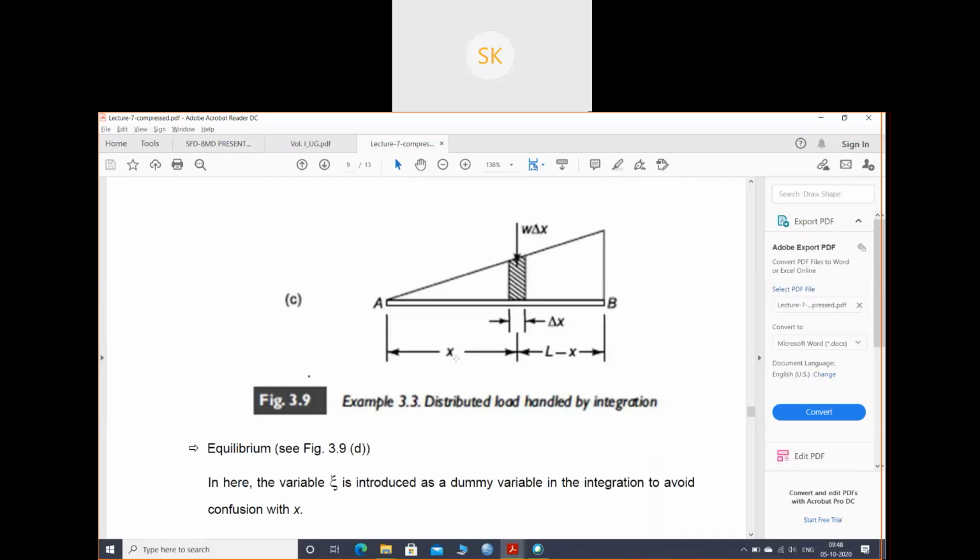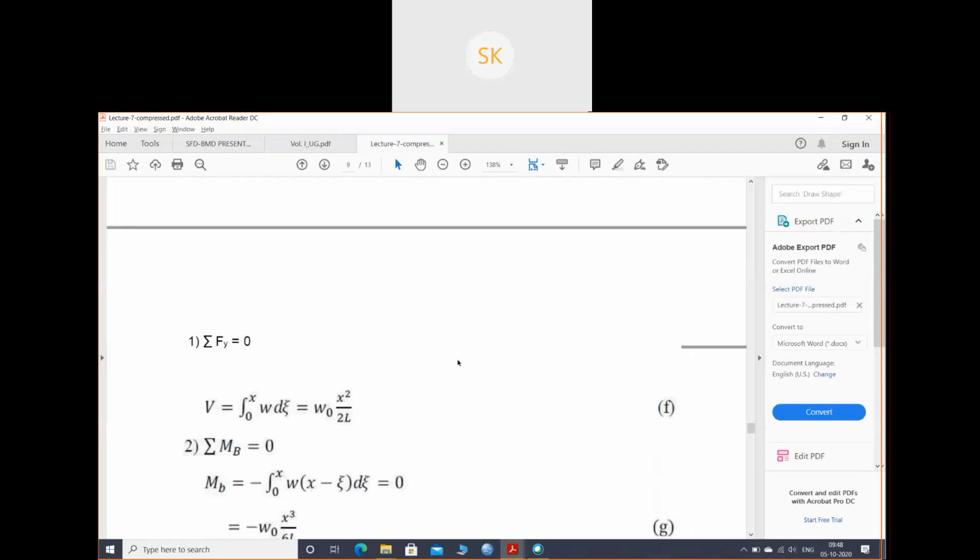You should know the various types of loads. Let me see. Just give me a minute. Okay, it is not here. So let me show you.